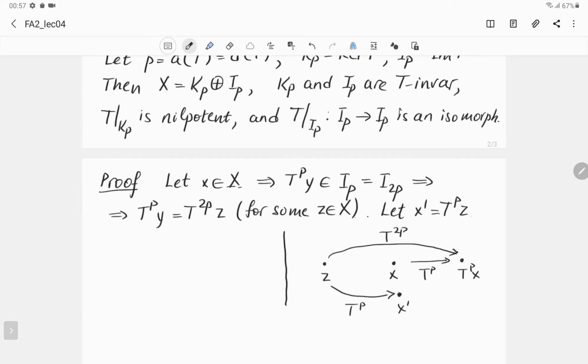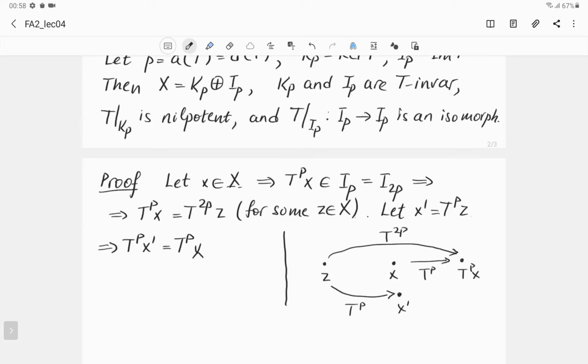So this is a picture which explains our construction. Okay, now what happens if we apply T to the power P to X prime? Well, this is T to the power 2P of Z. T to the power P of X sits in Ip, and T to the power P of X is equal to T to the power 2P of Z for some Z. So we have this equality.